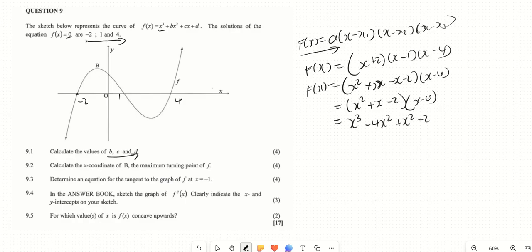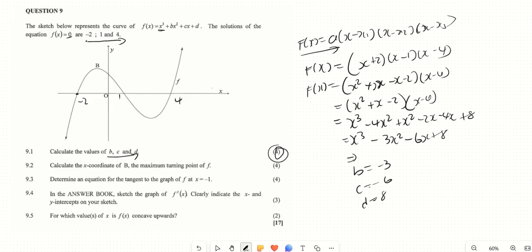Minus 2 times x is minus 2x. Then x times minus 4 is 4x. 2 times 4 is plus 8. So we have x cubed minus 3x squared minus 6x plus 8. Then in this case, b equals -3, c equals -6, d equals 8. Then I've answered the first 4 marks.